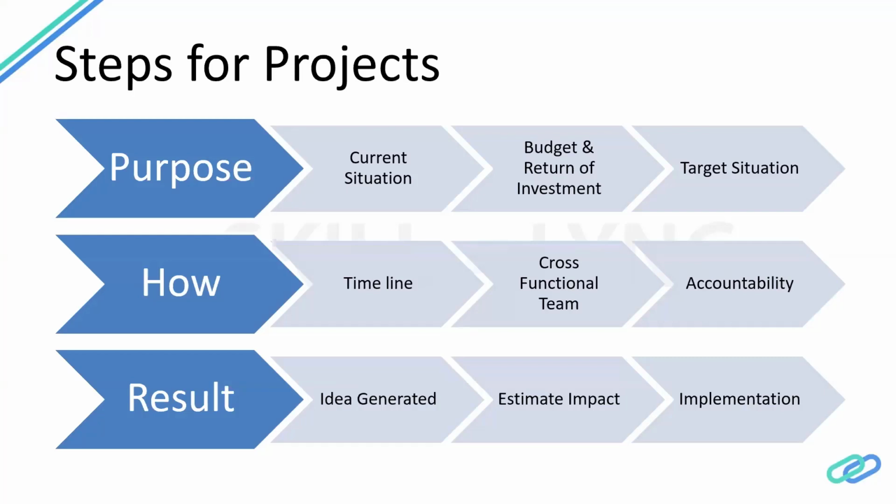Knowing both, in between we should have an estimate for budget and return on investment, like how much money I have to spend to arrive at the target situation. We should have this at the initial stage itself.